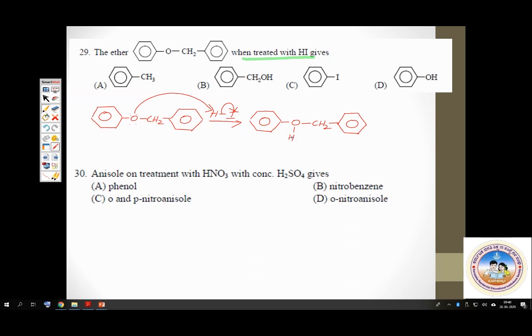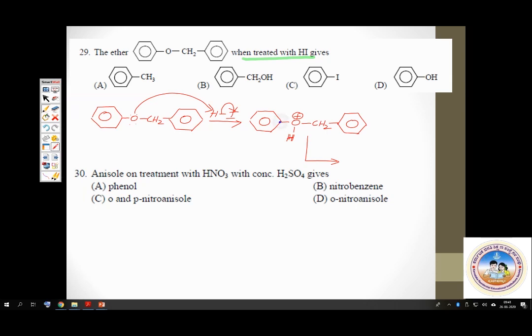Now, I minus has to attack one of these carbons. There are two options. I minus can attack this carbon atom of the benzene ring, or it can attack this sp3 carbon. Remember, benzene ring will not undergo nucleophilic substitution easily.